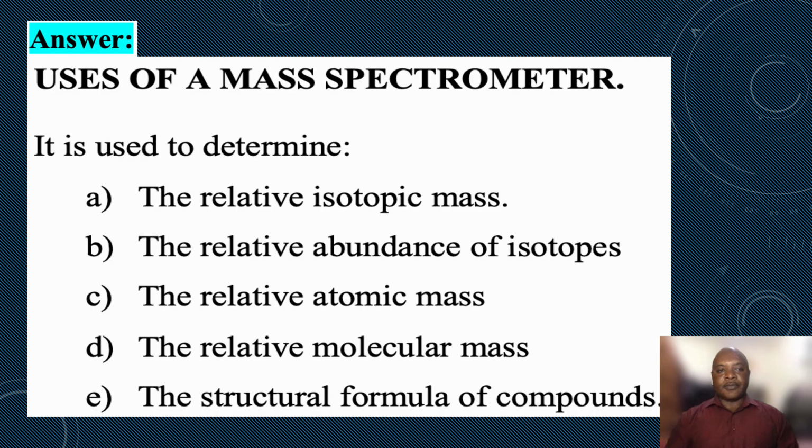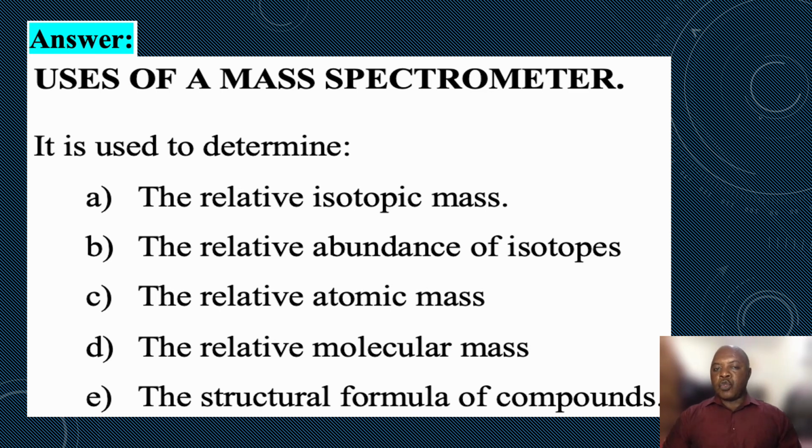Which is, okay, the uses of the mass spectrometer. You should know that the mass spectrometer is an important device that is very, very important in analytical chemistry. It is used to determine the relative isotopic mass of any substance.